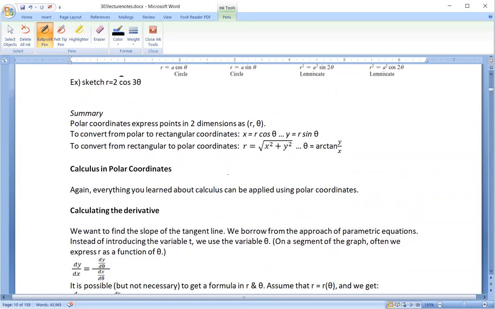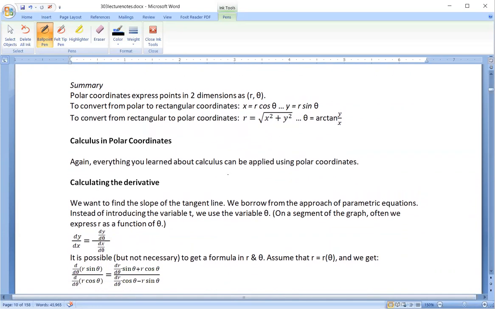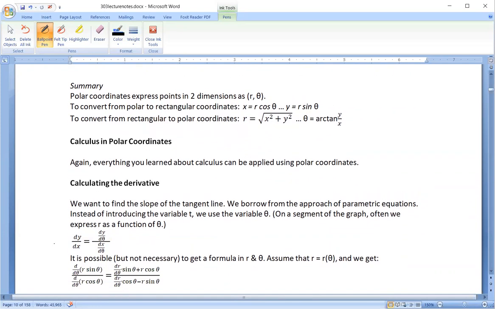I'll just mention that it's possible but not necessary to get a formula for the slope of the tangent line still in r and theta. So how would that look? Notice that dy d theta is just d theta of y, but keeping it in terms of r and theta, y is r sine theta.